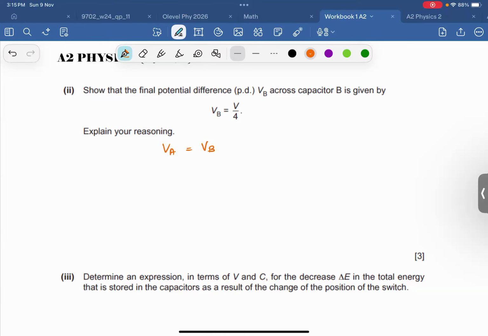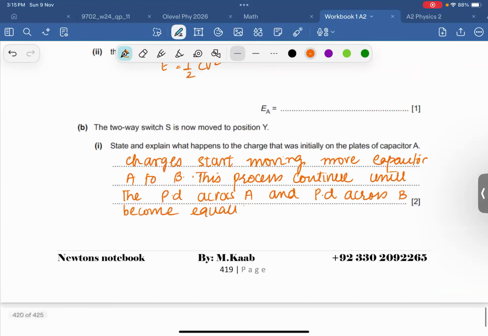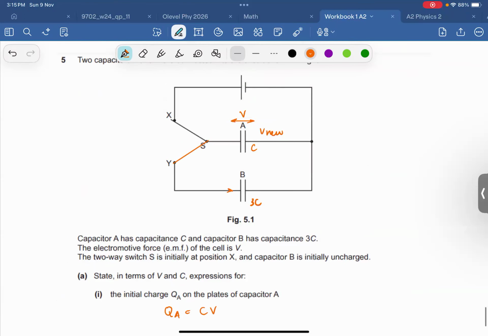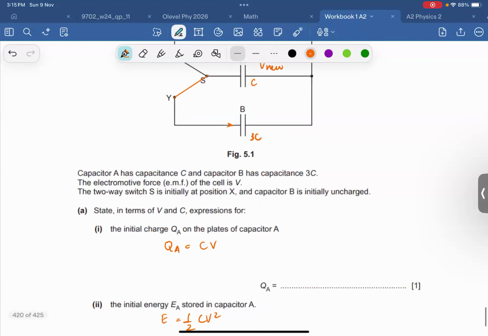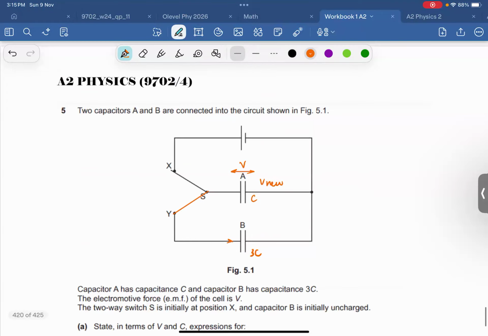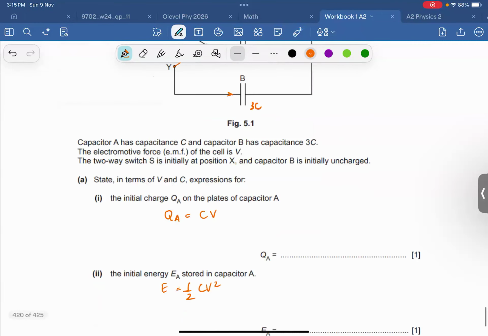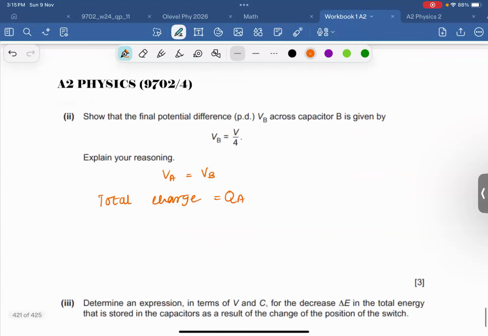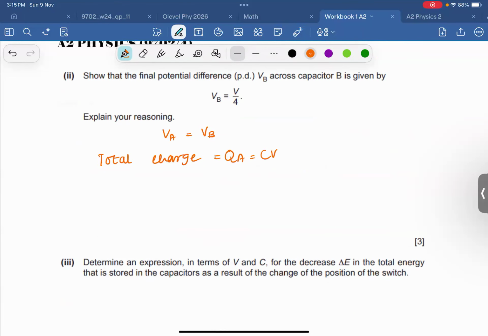The total charge is basically QA, because initially capacitor A is charged by the battery. So that charge QA is considered the total charge of the two capacitors, and that is equal to CV.